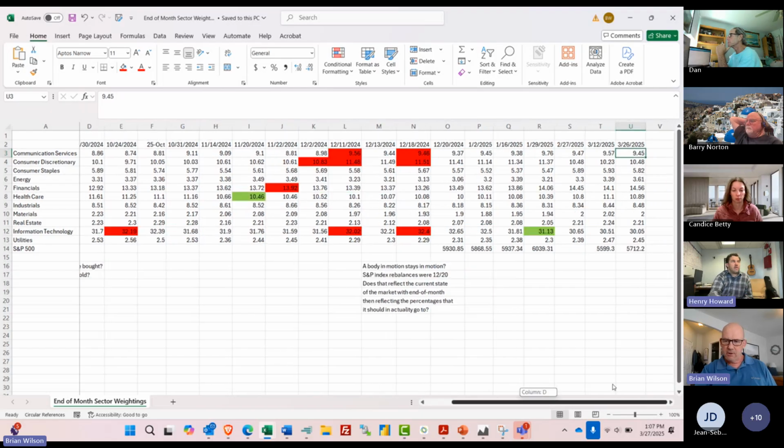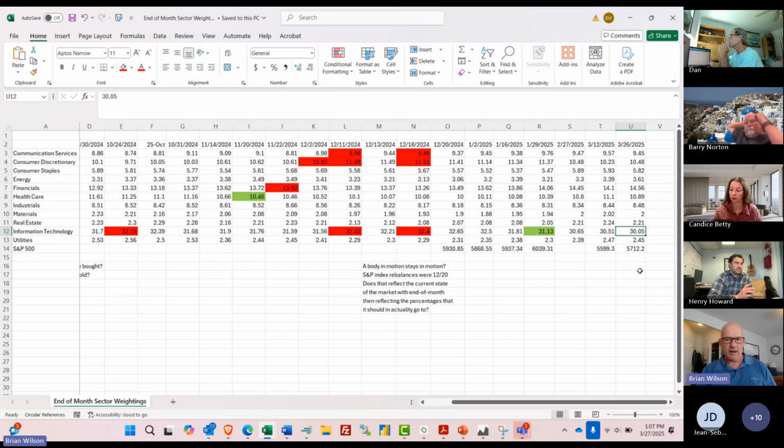You can look here in December, January, it was 32%. We've had obviously terrible performance year to date. Look at where it was yesterday, all the way down to 30%. So we're getting money coming out of that sector.